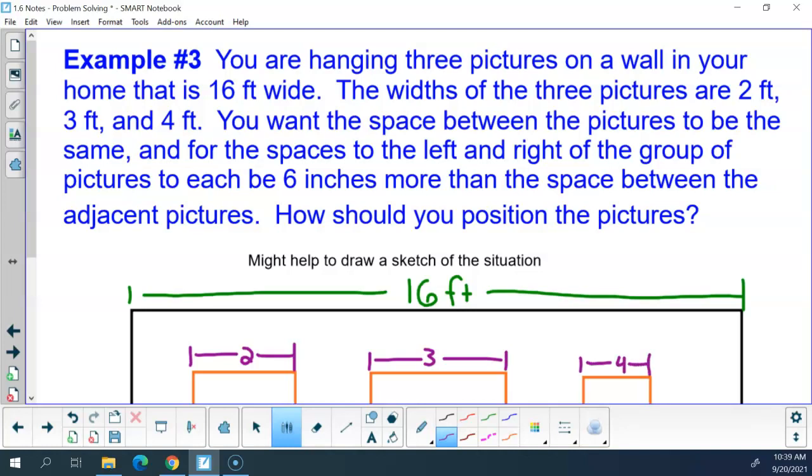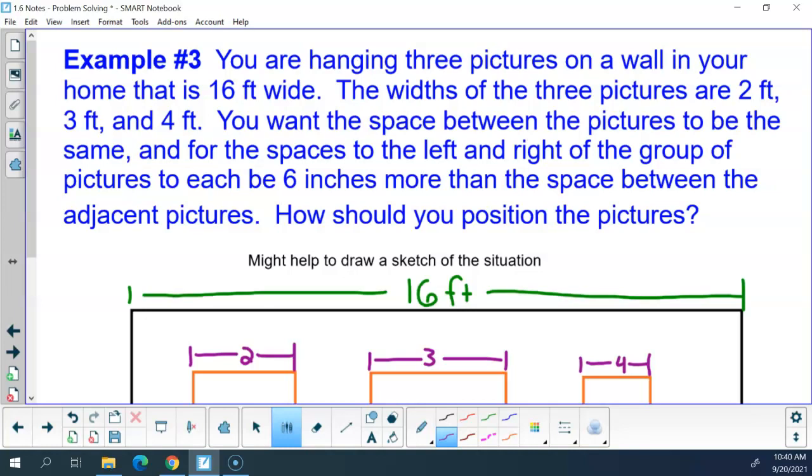Okay. So that's what we know for a fact, right? Okay. What are we looking for? Space between the pictures. Okay. What do we want to call that? W. Or what did you label it?